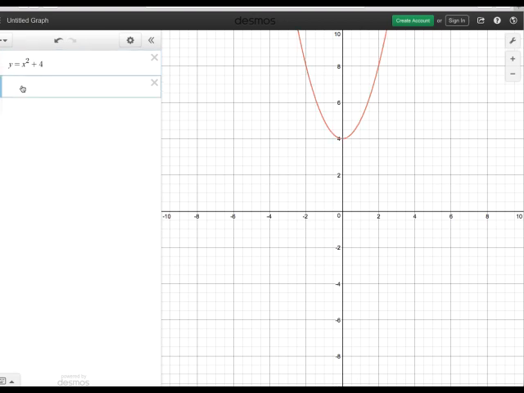If I draw in this other function, it's not a function, but the relation, x equals y squared plus 4, the slope there is 2. Slope of the tangent line is 2. But the slope here at 5, 1 would be 1/2.